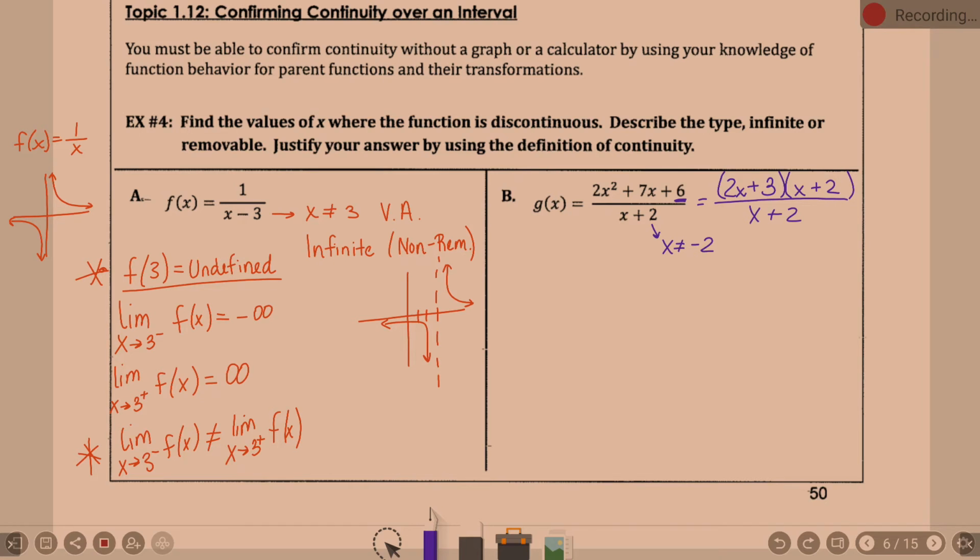I can't guarantee that x plus 2 would have been true on top, but it's a good, solid thing to check because it is likely. Now, because we have x plus 2 and x plus 2, that means that x equals negative 2 is a removable discontinuity. It is a hole, which makes it a removable discontinuity, which is what they asked. I will also agree with it being a point discontinuity as well.